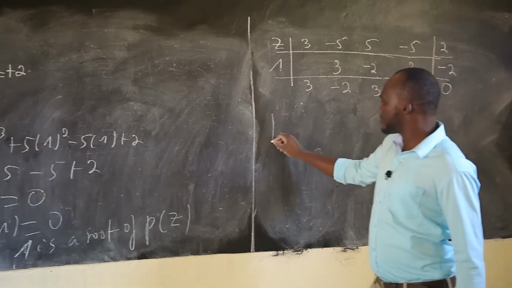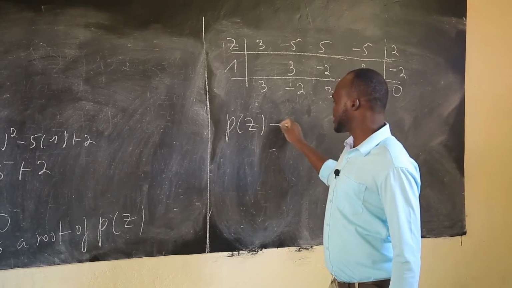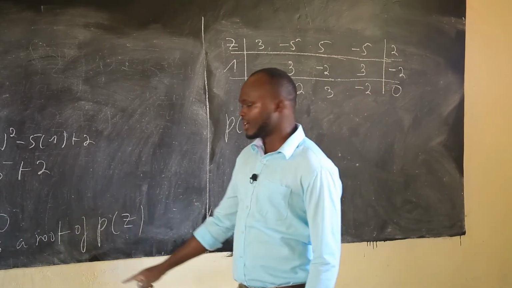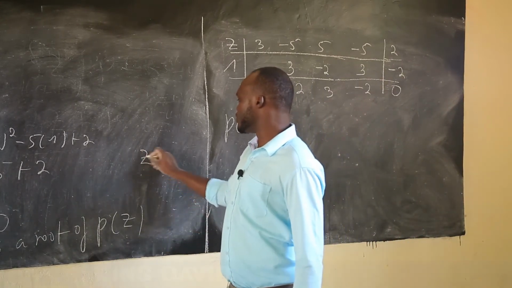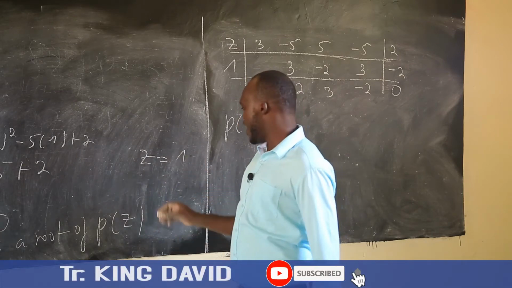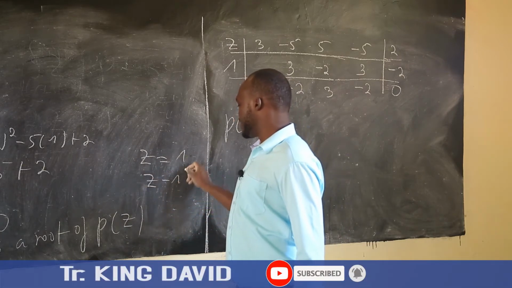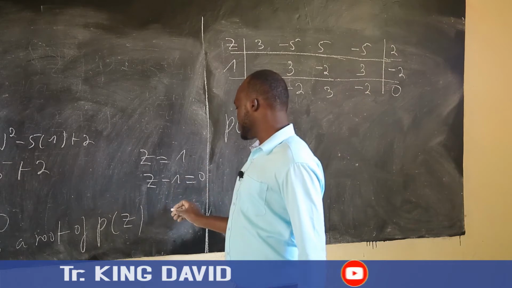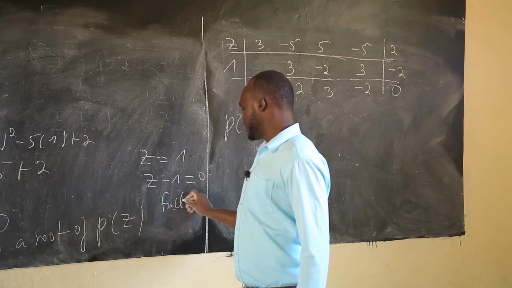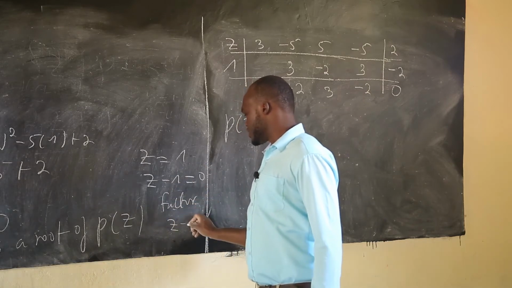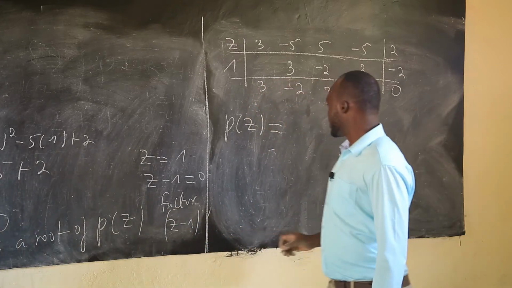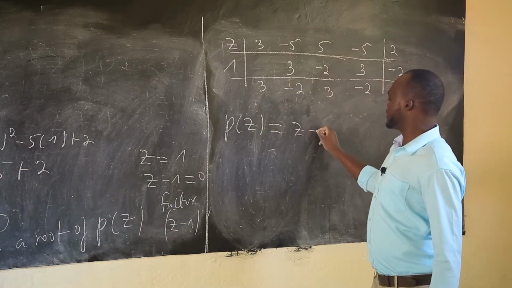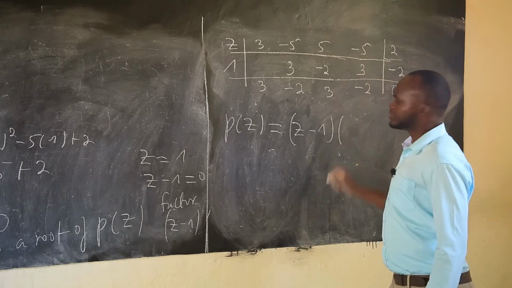So meaning that our P(z) becomes, if 1 is a root, it means z equal to 1. Our factor is z minus 1, so here it will be z minus 1 in brackets.